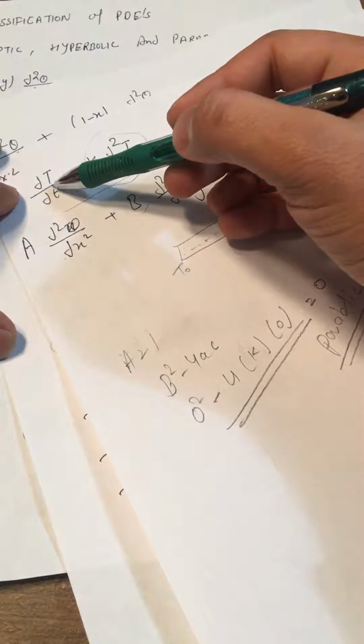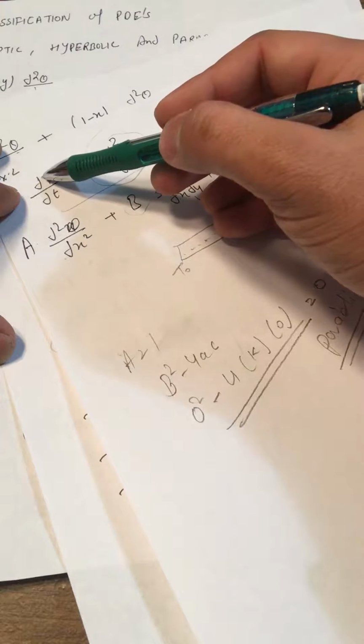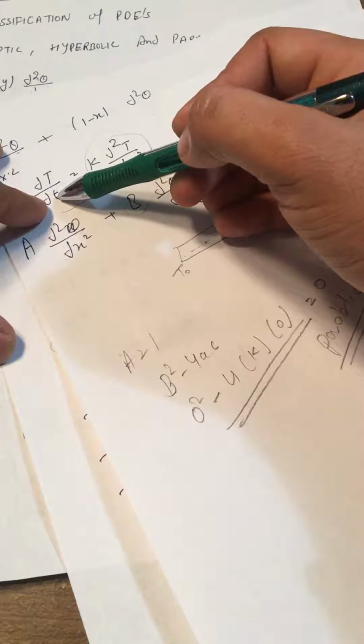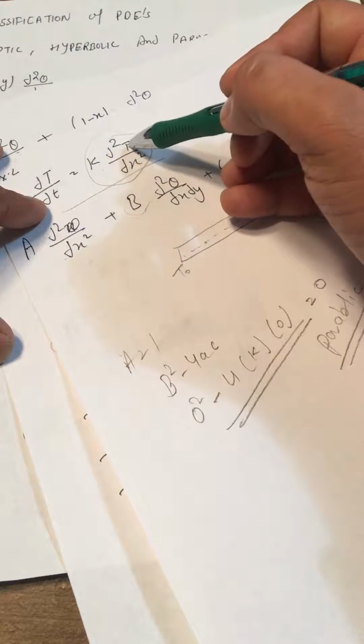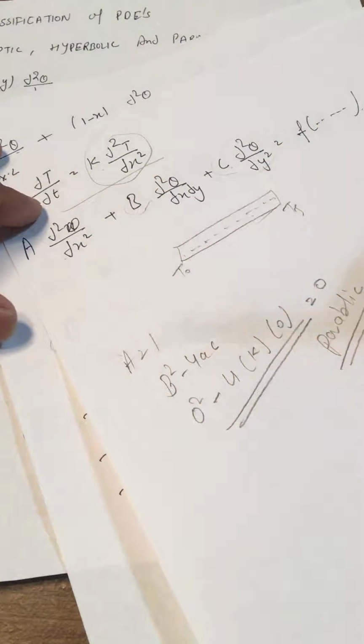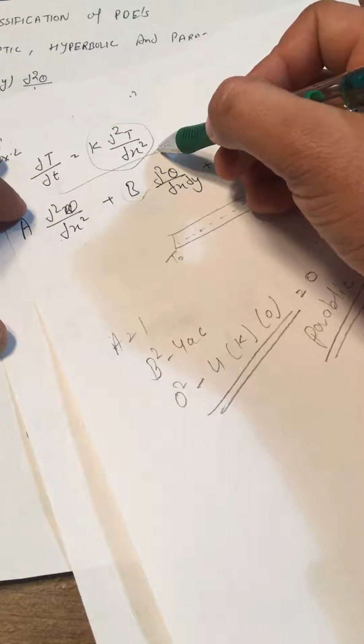So dT by dt, where this is our temperature and this is our time, is equal to k d square T by dx square. We used this equation in our class, if you remember.